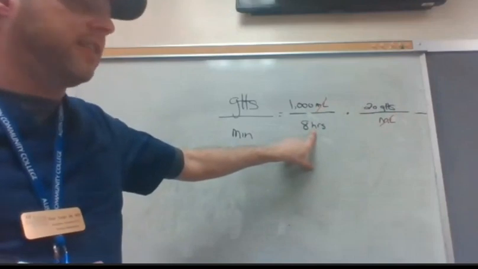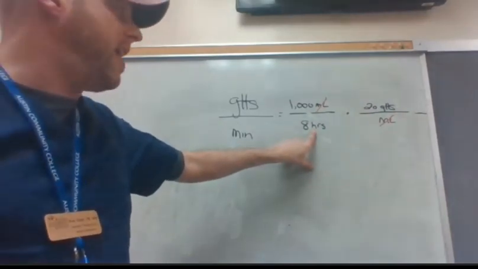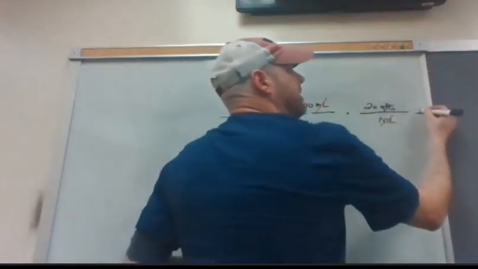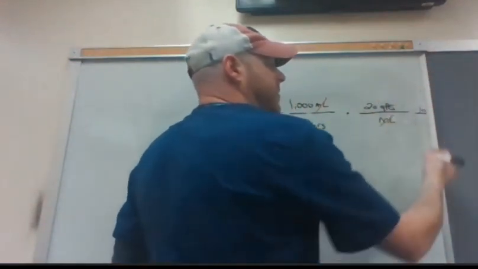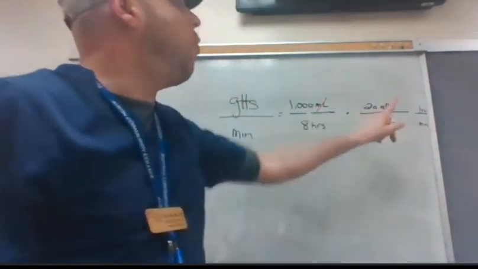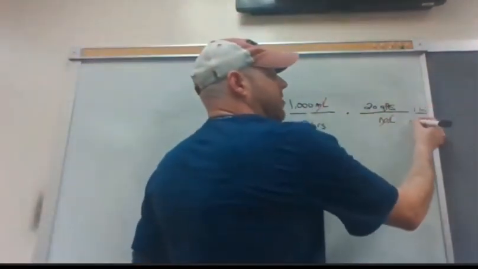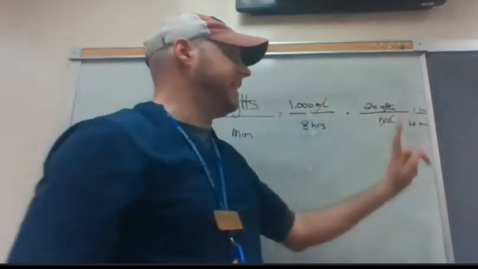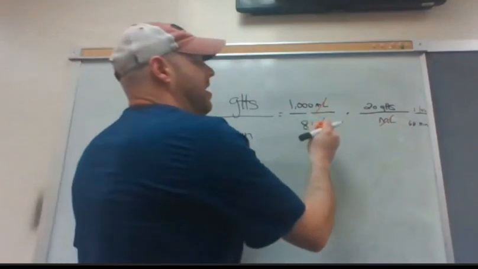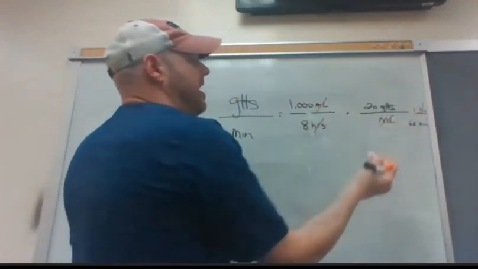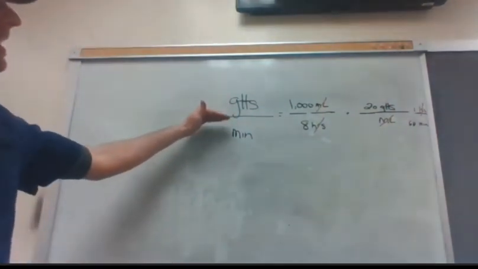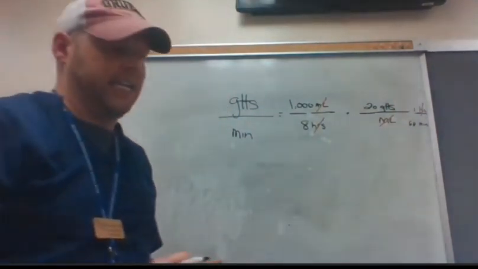I need to convert this into minutes, correct? So to do that, I need to go opposite. So hours now needs to be on top and minute needs to be on bottom. 1 hour is equal to 60 minutes. So I can cancel out hours now, and I'm left with drops over minute, and that's exactly what I need, okay?